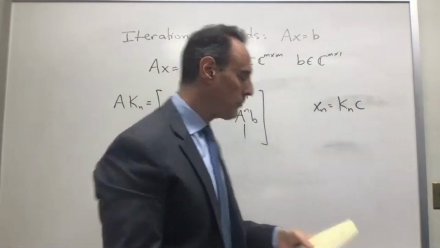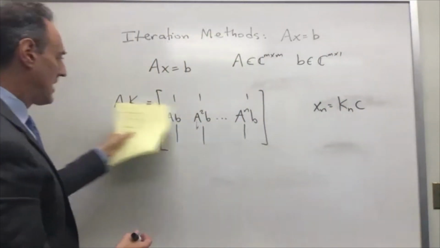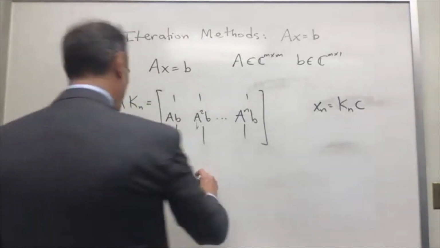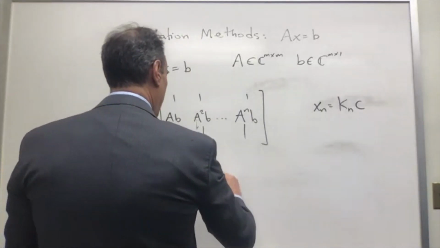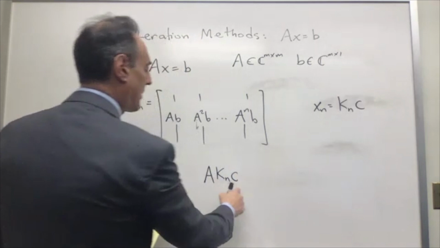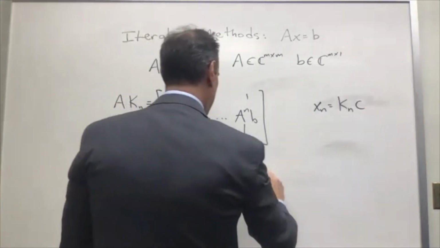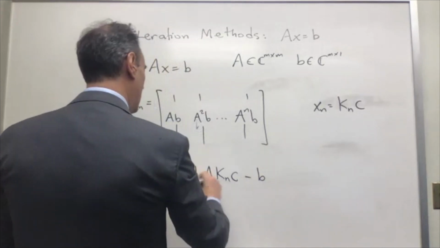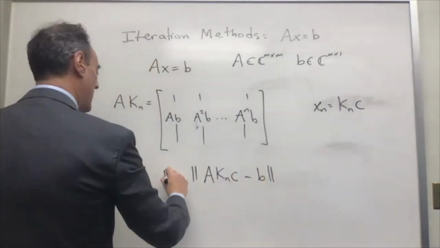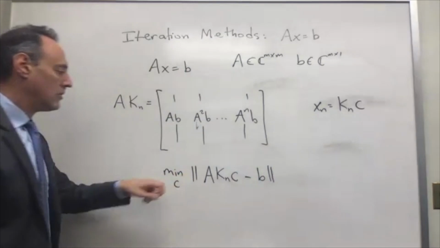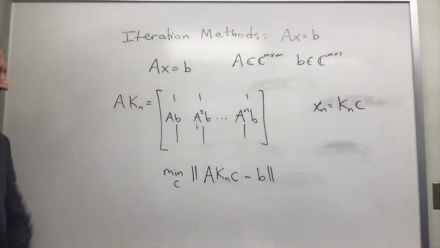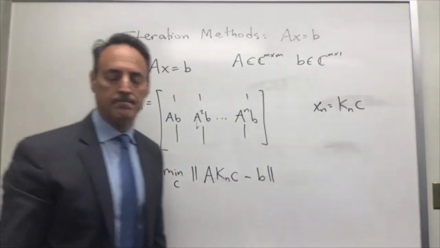Okay? So another way to think about it is this A K of n here. What I really want to do is say A, K of n, C. Remember, K of n, C is like my x. So that's A x of n minus b. And I want to minimize this with respect to the vector C. That's a least square fit right there.